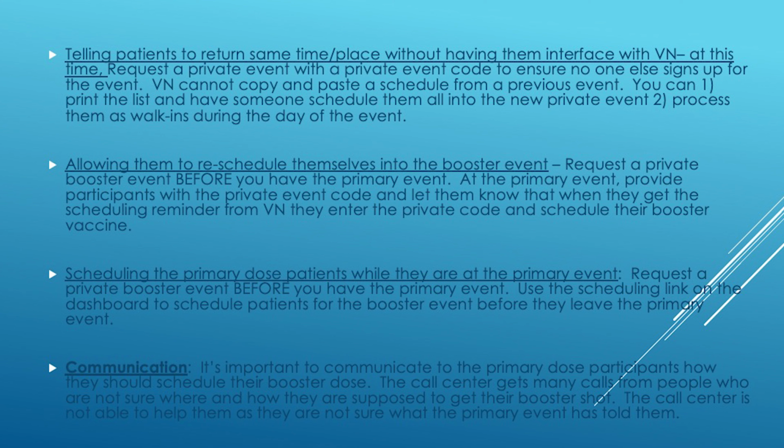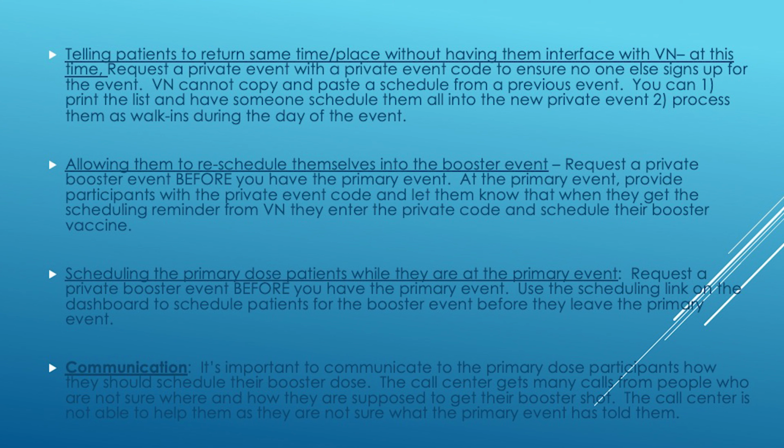And the last bullet here is just to say, people are calling the call center saying, I wasn't told when I'm supposed to do my booster event, I don't know what to do. And we know that that's probably not the case, that they probably did get that information at some point during their primary event.